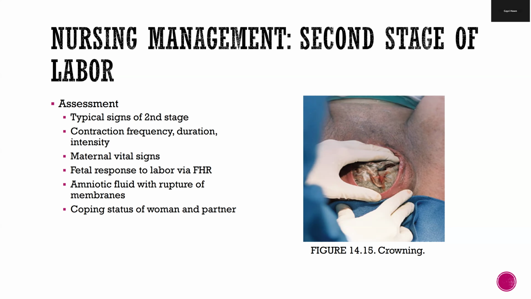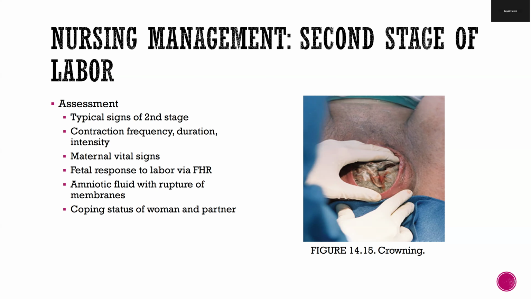We're going to be doing vital signs still, including a temperature check, pain level, oxygen saturation, all those things. Monitor her contractions, the fetal heart rate, amniotic fluid, and coping status.